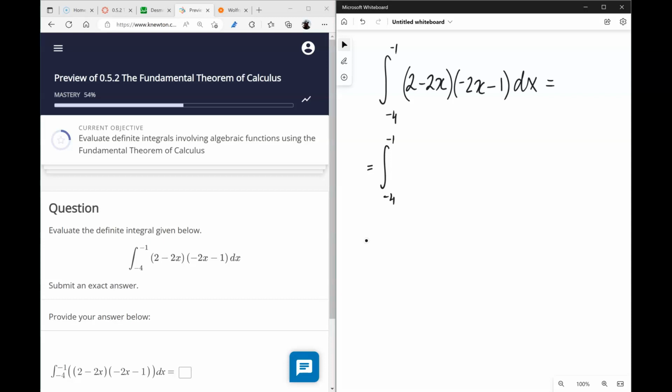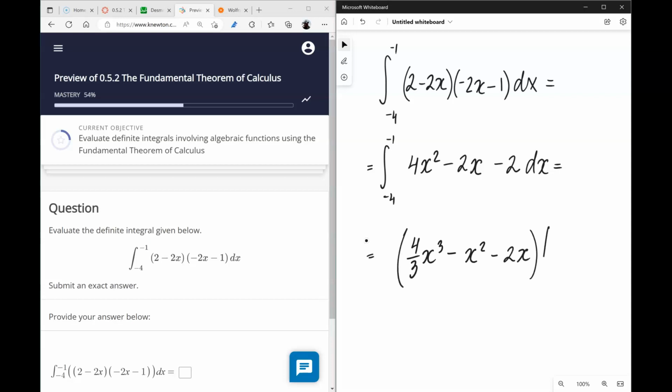So we have 4x squared minus 2, and we have -4x plus 2x, so it's just -2x. And we have to guess now the antiderivative, so it's going to be 4/3 x cubed minus x squared minus 2x. That's the antiderivative, and we evaluate it from -4 to -1.